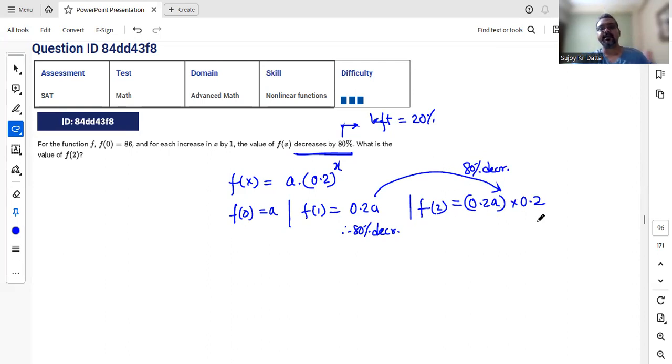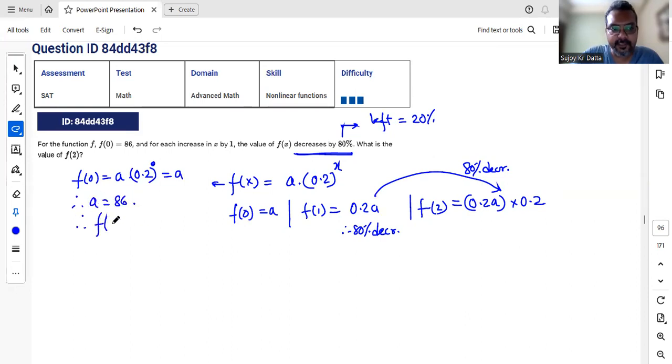So it is decreasing by 80% every time x increases by 1. Now they're asking what is the value of f(2) given f(0) is 86. Plug in f(0): I'm going to get a times 0.2 to the power 0, so that's a. So a equals 86. Therefore, my function is f(x) is 86 times 0.2 to the power x.